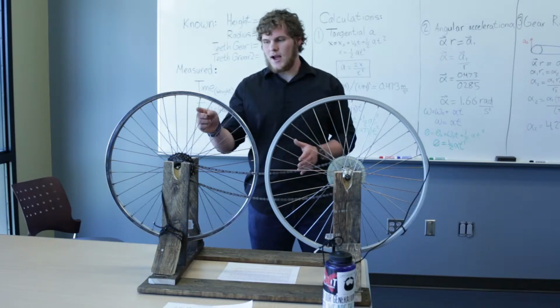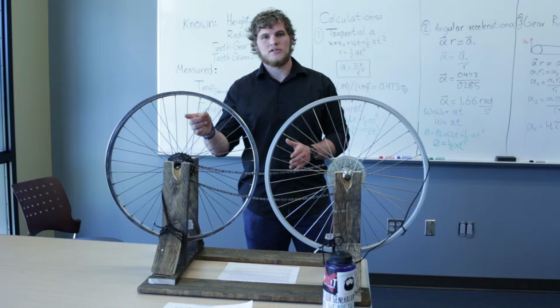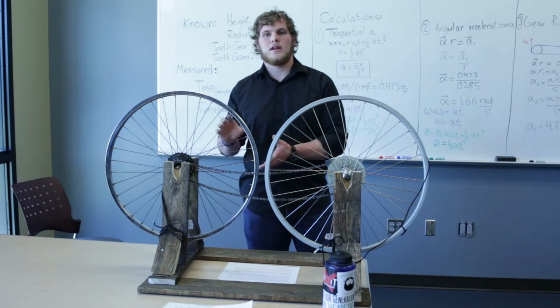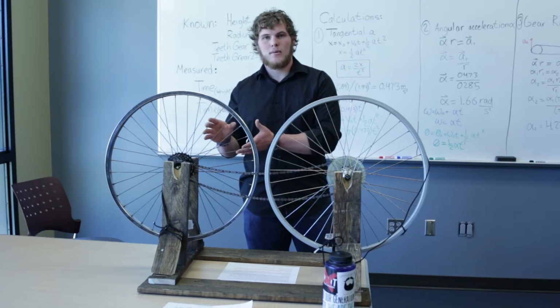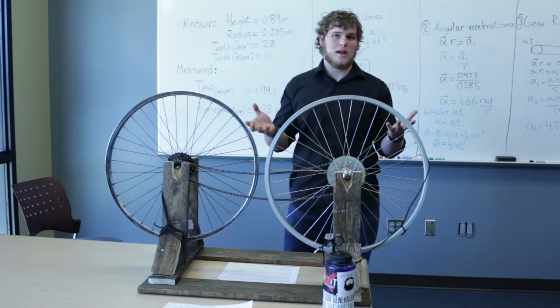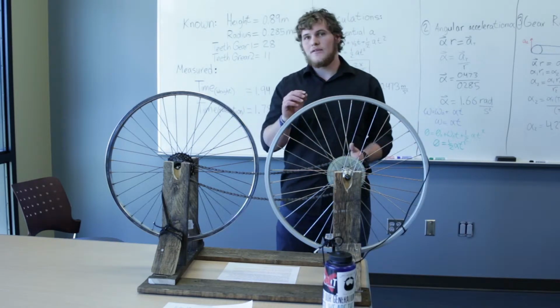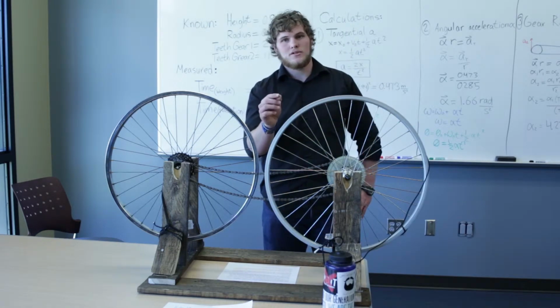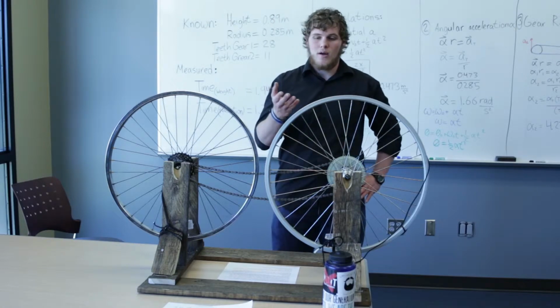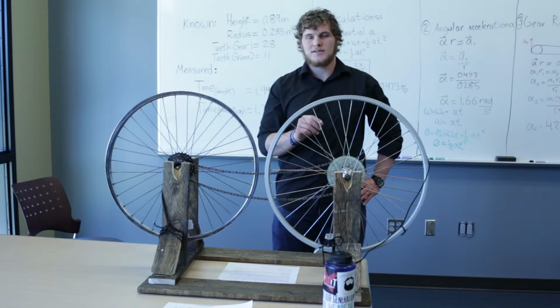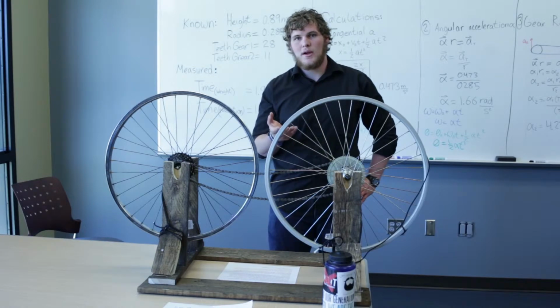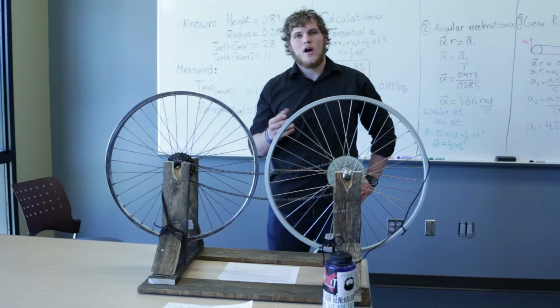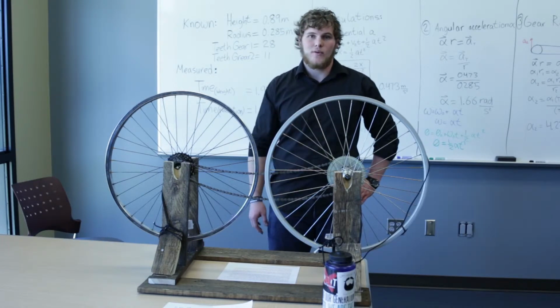We're also going to time how long it takes for the back wheel to make one full revolution to calculate its angular acceleration that way. We will then compare those two angular accelerations to each other and find that they are actually very close. And that's what we expect from a rigid body rotating around a fixed axis. In fact, over the period of time that we took calculations, our average error was about 6.4%.